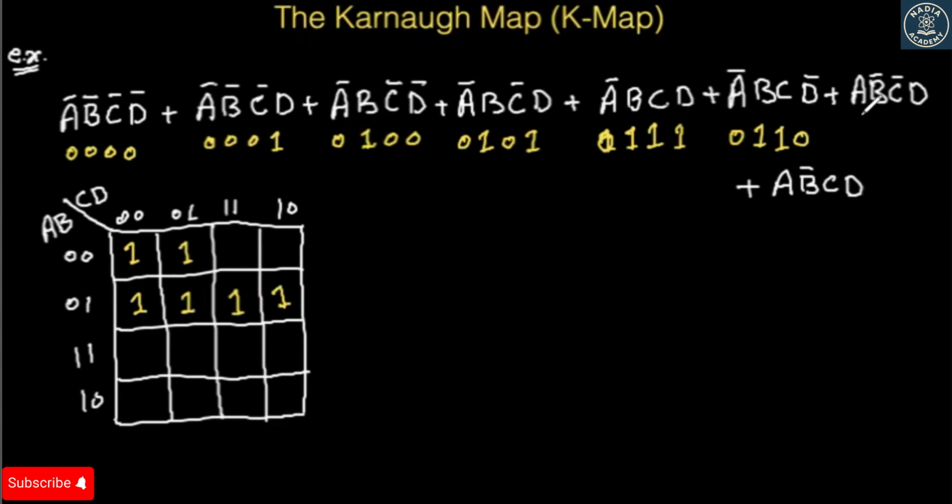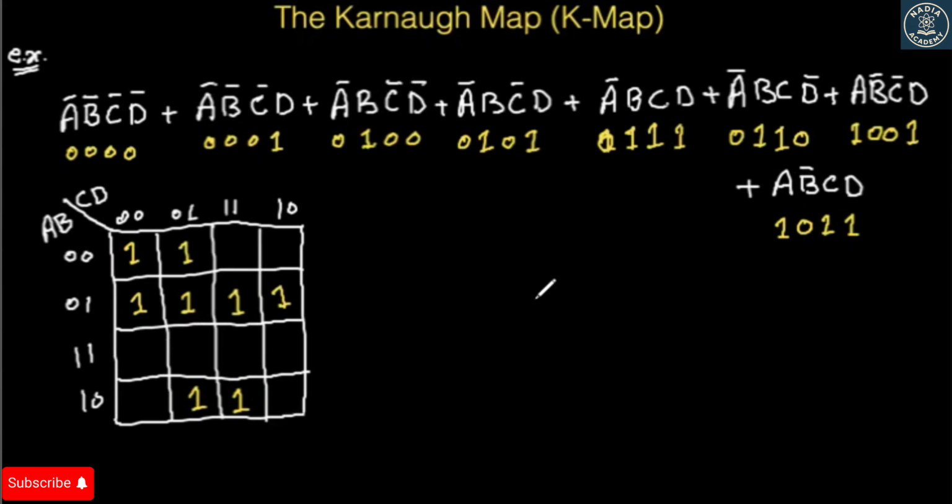Next one is A is 1, B bar 0, C bar 0, D is 1, so 1 is over here. And the last one is A is 1, B bar 0, C is 1, D is 1, so 1 we will have over here.